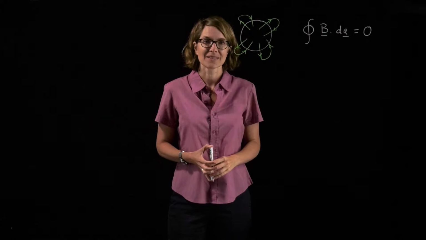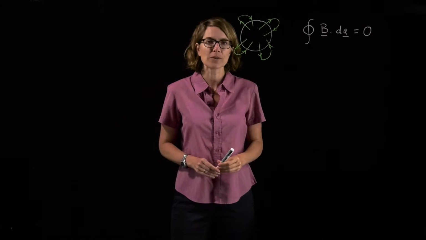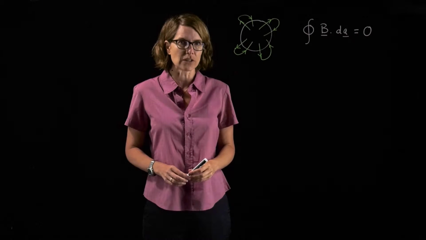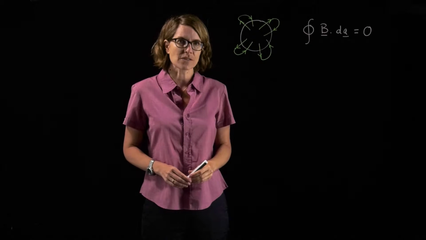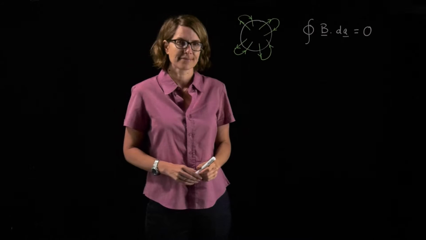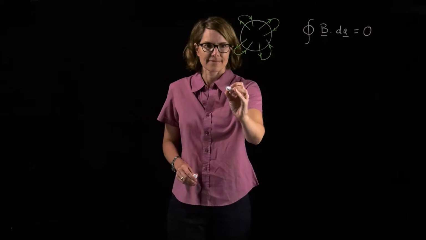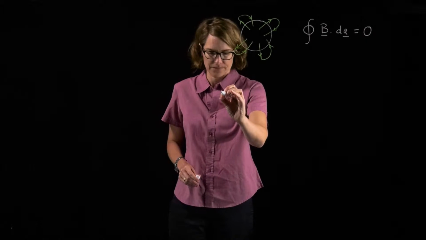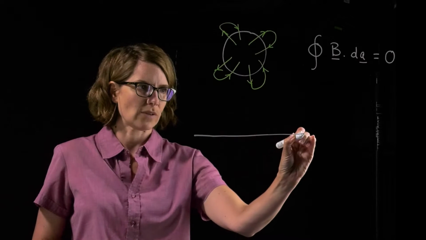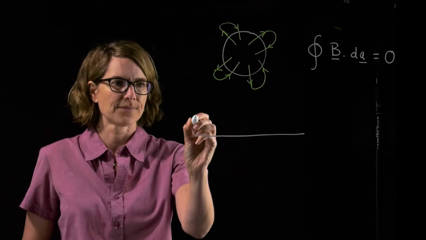Our current, which is a flow of charges moving at constant velocity, is the source of the magnetic field. Here's our current, travelling along a wire in this case.